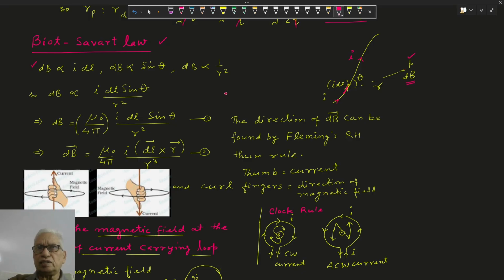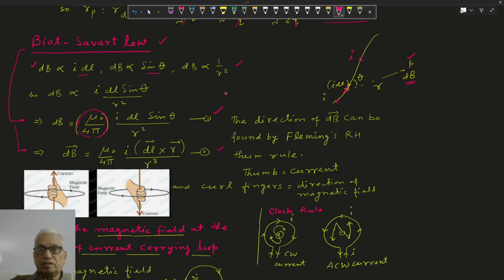So the magnetic field depends on the current element, depends on sin theta, and is inversely proportional to the square of the distance. Combine them and take the proportionality constant mu naught upon 4 pi. This equation 1 is the Biot-Savart Law. If we write the same equation in vector form, this is also called Biot-Savart Law, but in vector form, and equation 1 is the magnitude.